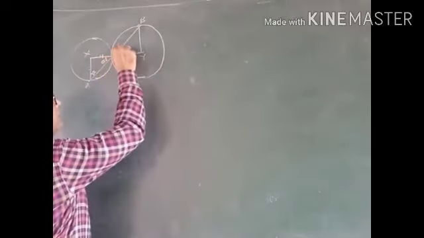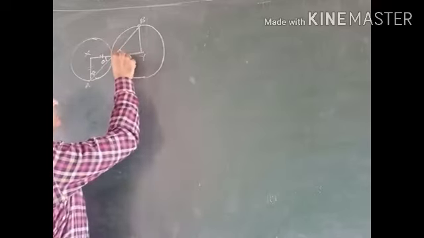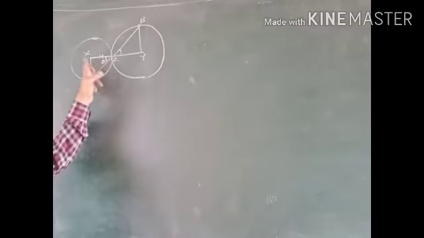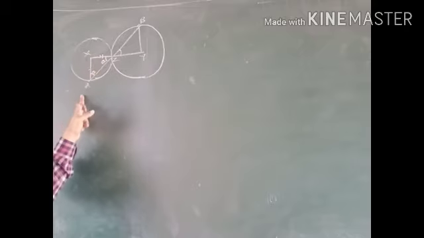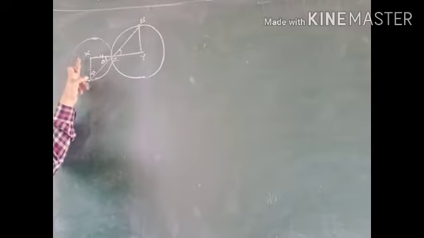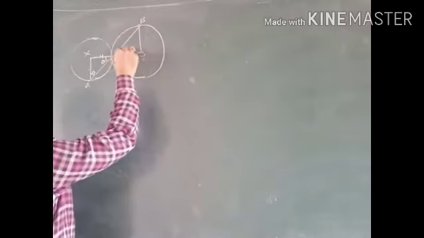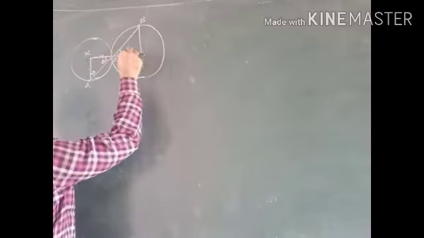Now see, if this angle is a, then this is the vertically opposite angle of this angle XZA. The opposite angle of XZA is BZY. Therefore, this angle BZY is also a degrees.